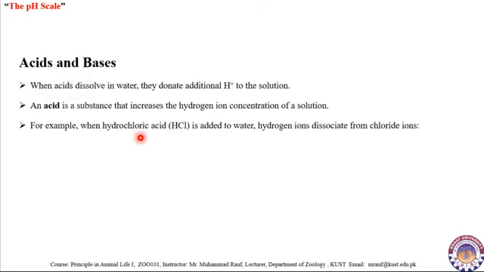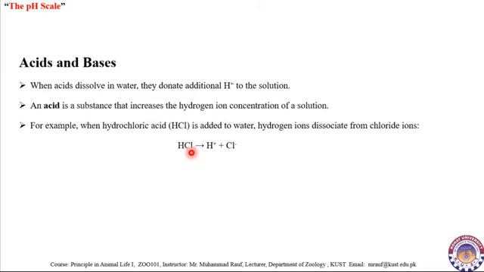So when HCl is added to water, it dissociates into hydrogen ions and chloride ions, as shown by this chemical reaction. Now this single arrow means that this dissociation is complete.